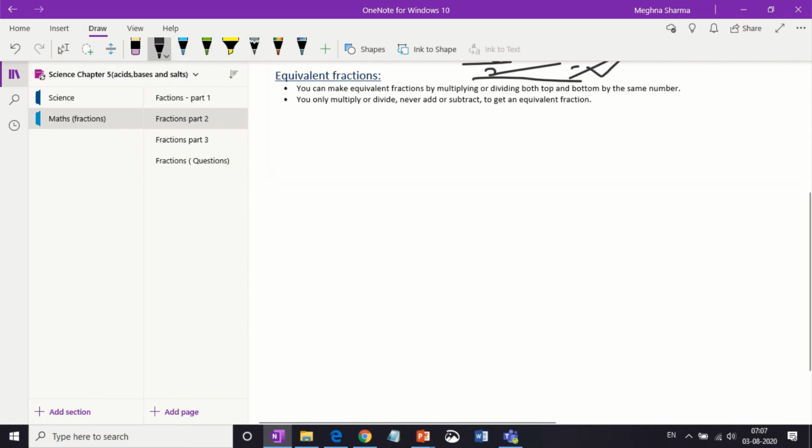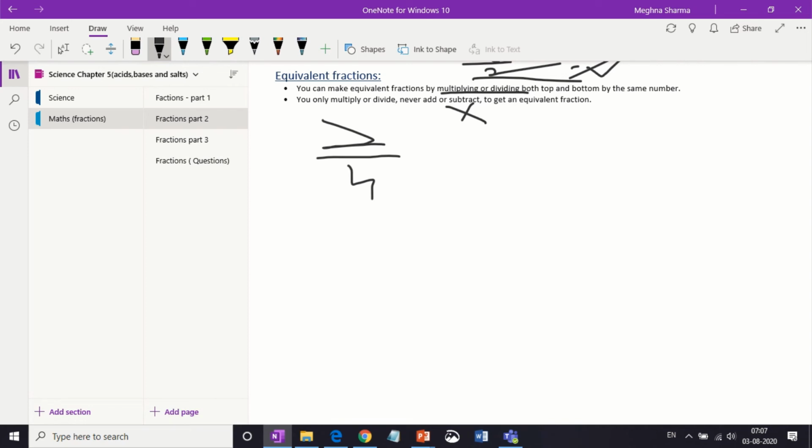For example, let me take 2 by 4. This is a proper fraction, and I want to know its equivalent fractions. Now, we can only multiply and divide. We cannot subtract and add.